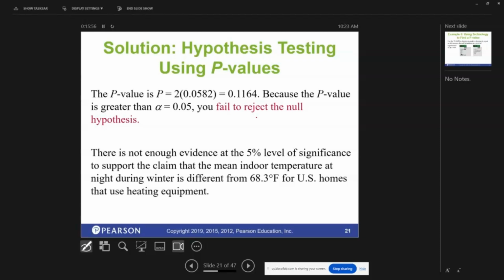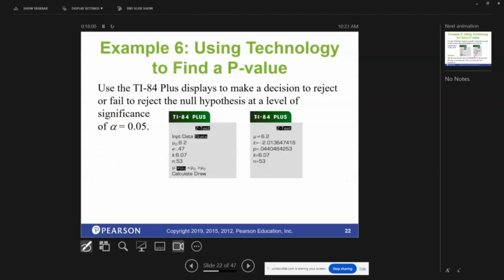Okay, you can also use your graphing calculator to help you find the p-value. You have something called the z-test, and we'll look at an example to go through this again in a minute. Just in looking at this, you can see that when you put it in your calculator and you do the z-test, it gives you a p-value.